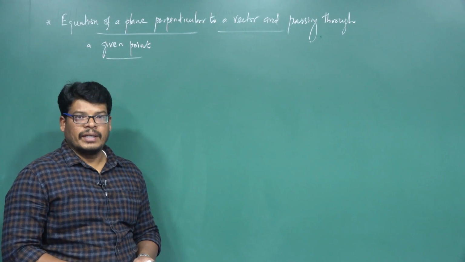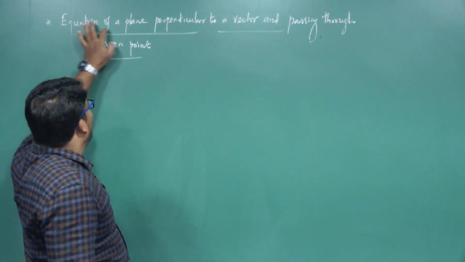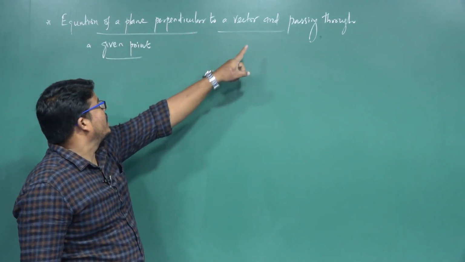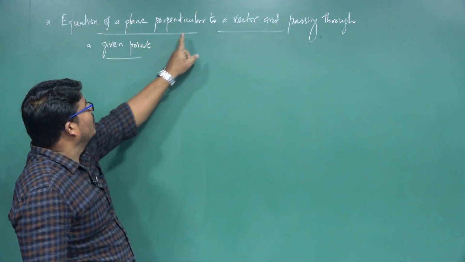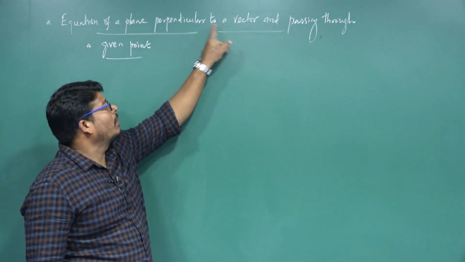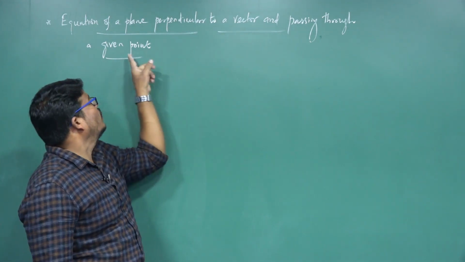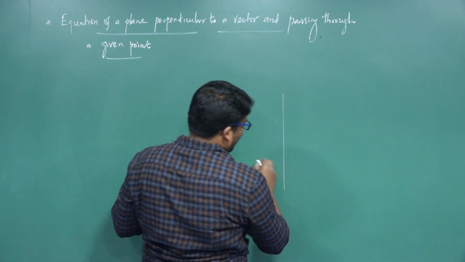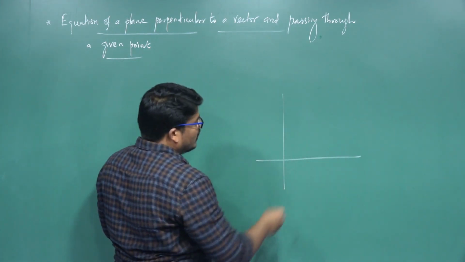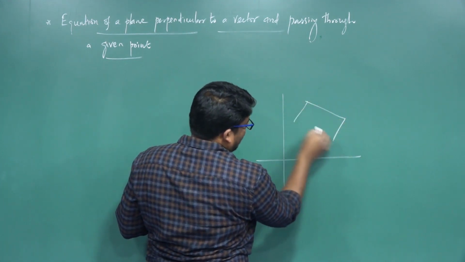The next one, the equation of a plane perpendicular to a vector and passing through a given point. Find the equation of the plane given one point and one perpendicular vector.